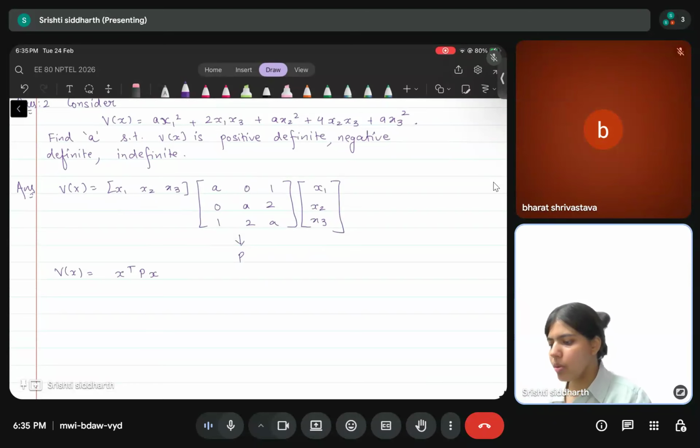Okay, so to comment on the definiteness of Vx, we need to comment on the definiteness of the matrix P.